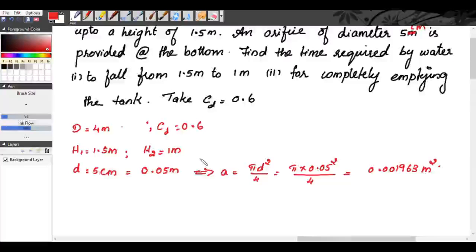So, we know for a hemispherical tank, the formula for emptying the hemispherical tank is, so case 1, H1 is 1.5 meter and H2 is equal to 1 meter.